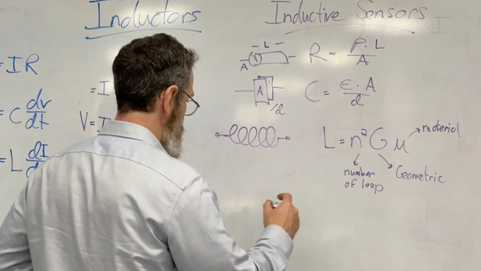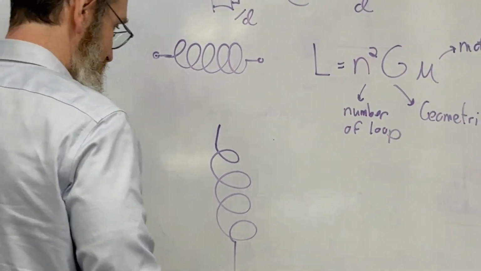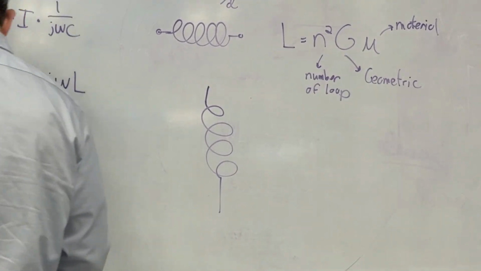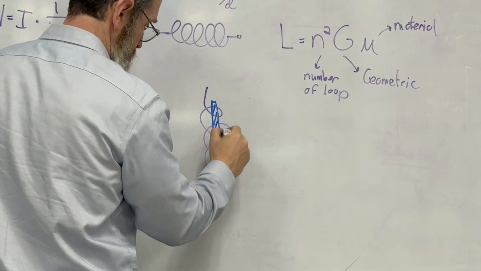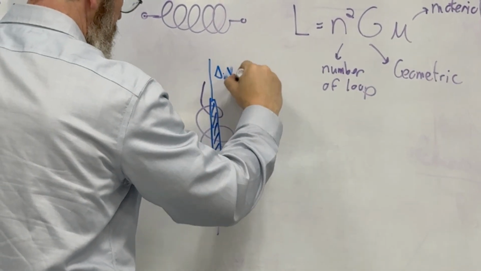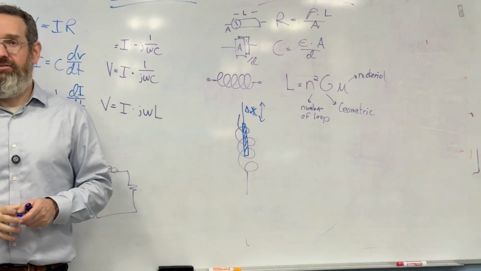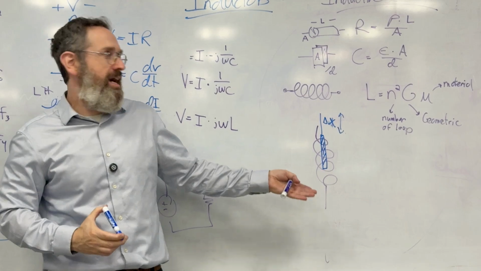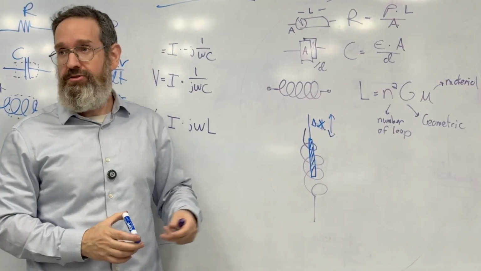So for example, let's say there's some object moving delta x in and out of this inductor. So it's changing what's inside of it, and then its inductance would change. And so now, if for some reason you wanted to measure displacement, you could measure displacement.